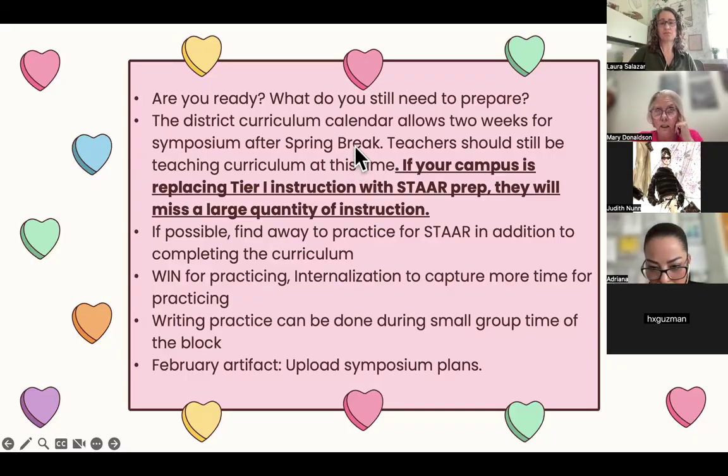at the curriculum and what is being covered in that curriculum, and making sure, because like we talked about yesterday, as Sonia explained, or Sophia, I'm sorry, from Lead Forward, those 2 weeks of symposium are strictly for review. So we still need to teach whatever we need to teach right now.